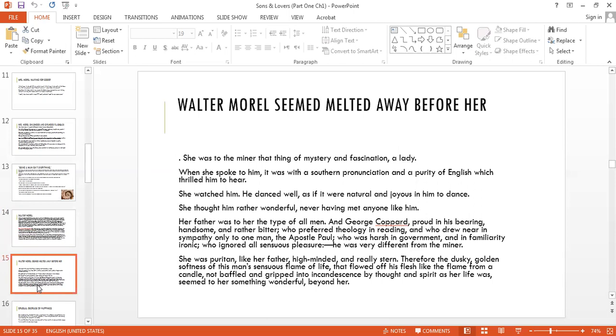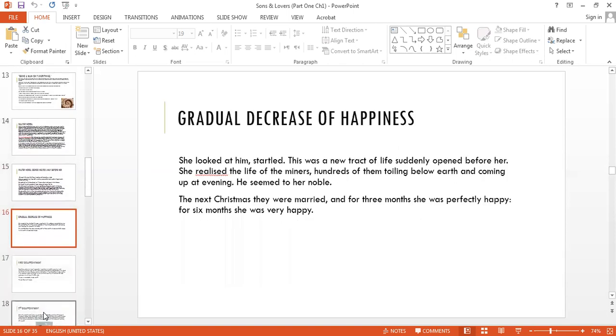Her father was, to her, the type of all men. And because he was different, see, this is important, that she was a Puritan like her father, high-minded, and really stern.